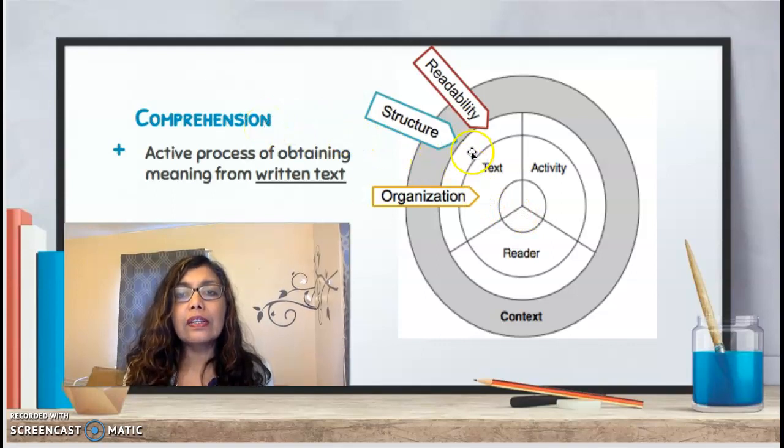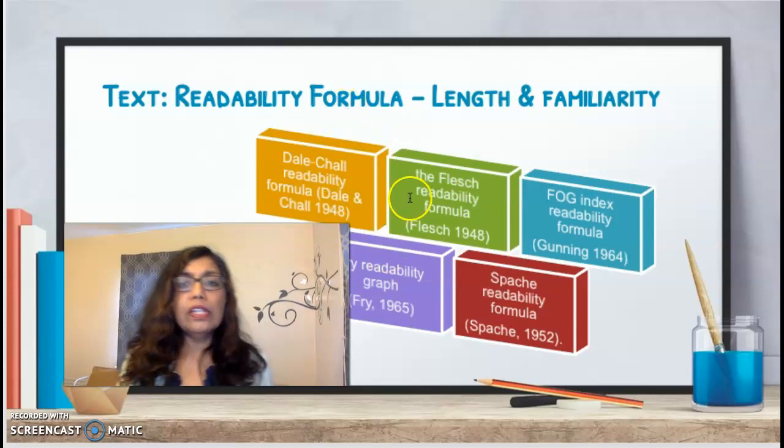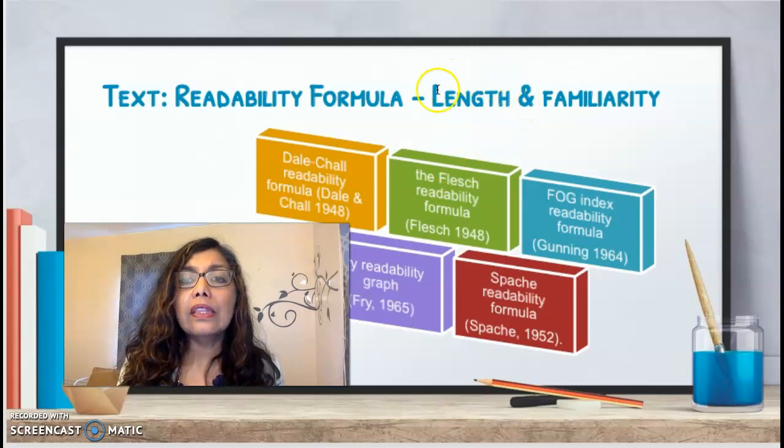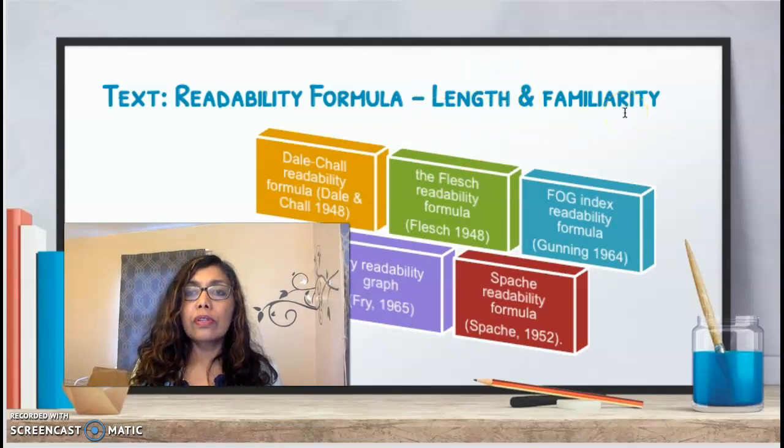So first, let's look at the text. When you think about the text, you want to make sure the text is readable, all right? There are many readability formulas, and here are 5 of them that are popular, where the researchers have decided the readability depends on the length of the word and the sentence and how familiar your student is in reading that text.